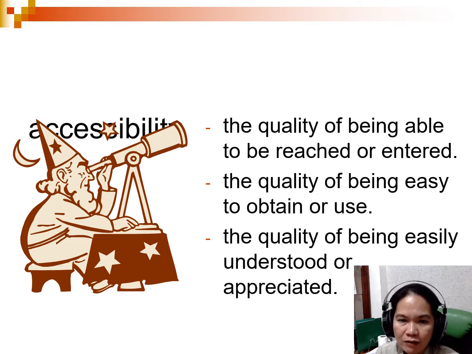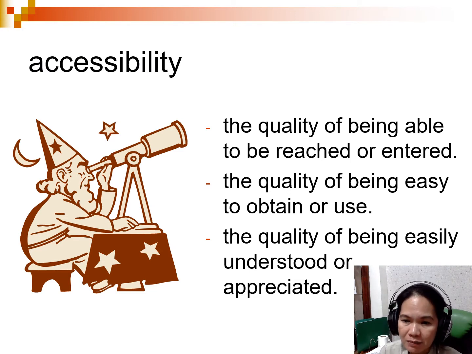So for accessibility, it means the quality of being able to be reached or entered. Okay. Is it reachable? Can we enter? Something like that. Is it easy to get this information? Can we access that easily? Because it says the quality of being easy to obtain or use.